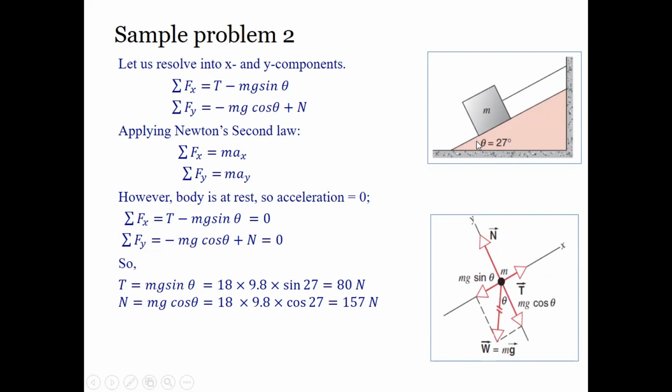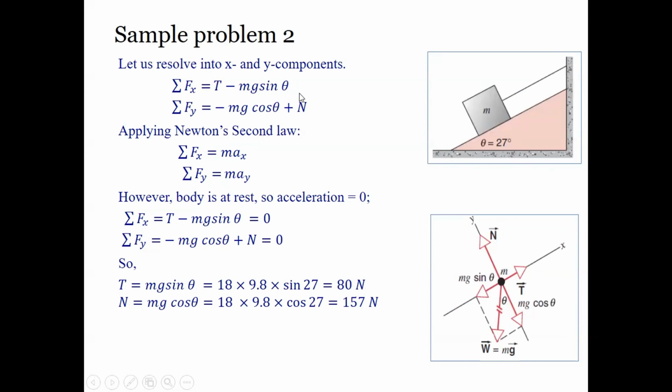We can establish that this angle, the 27 degrees, is the same angle between the perpendicular y direction and the weight of the body. If this angle is theta, then the component of W, the mg, along this y direction will be mg cos theta. And the component along the x-axis will be mg sine theta.